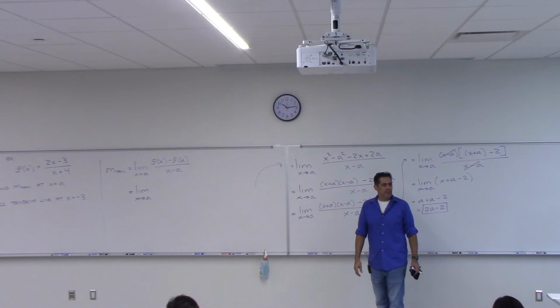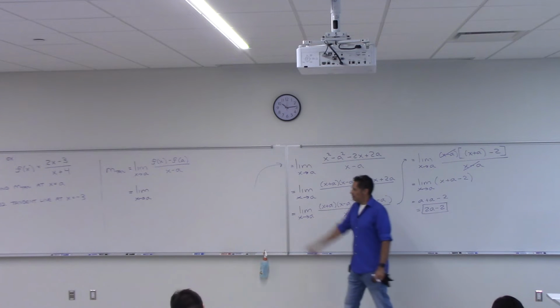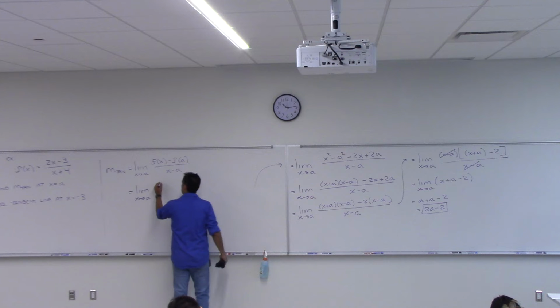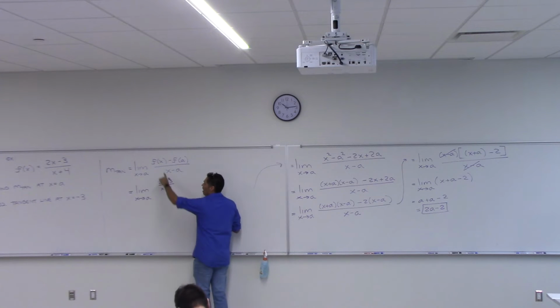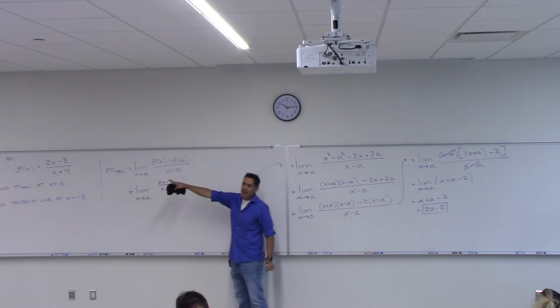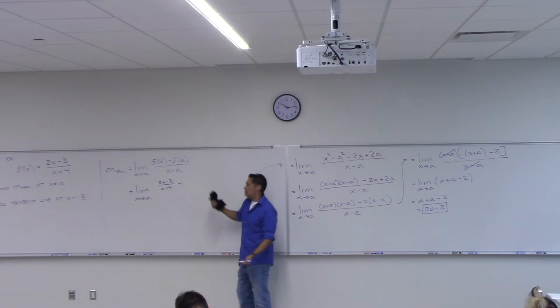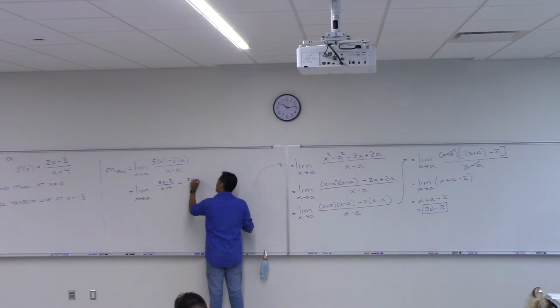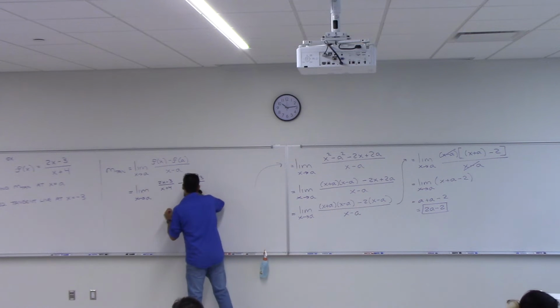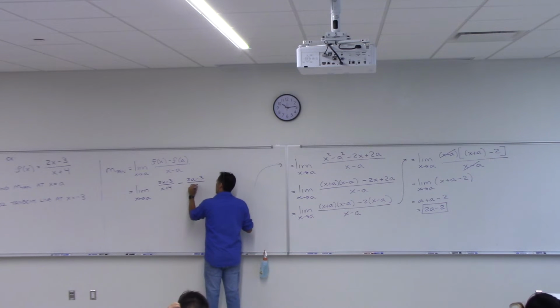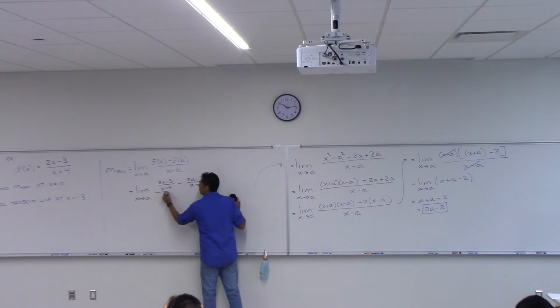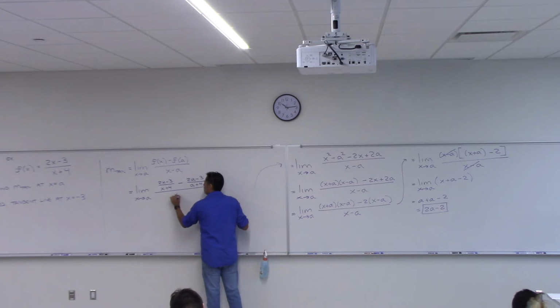What's f of x? 2x minus 3 over x plus 4, right? That's the top left of this thing. Minus. Now, f of a is what you get when you plug a into that. 2a minus 3 over, sorry, not x, I almost messed up, a plus 4, right? All of this over x minus a.